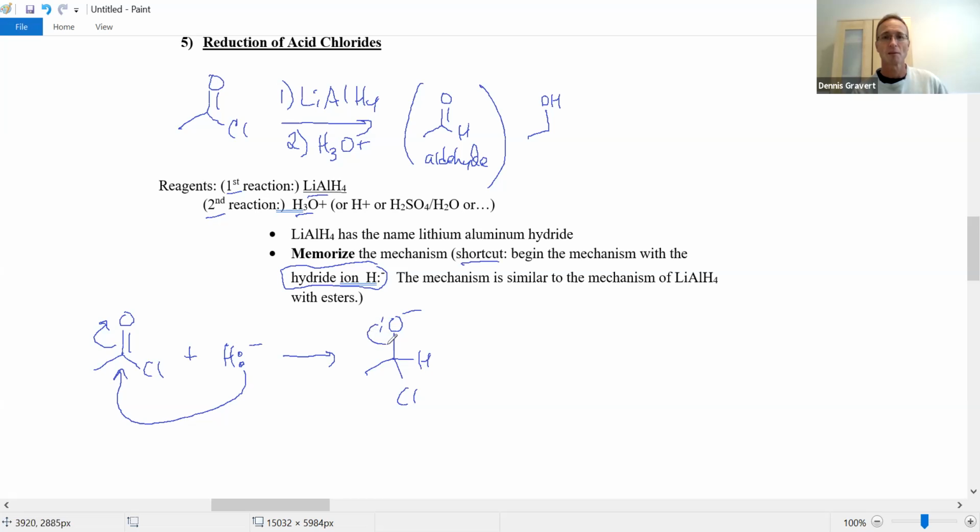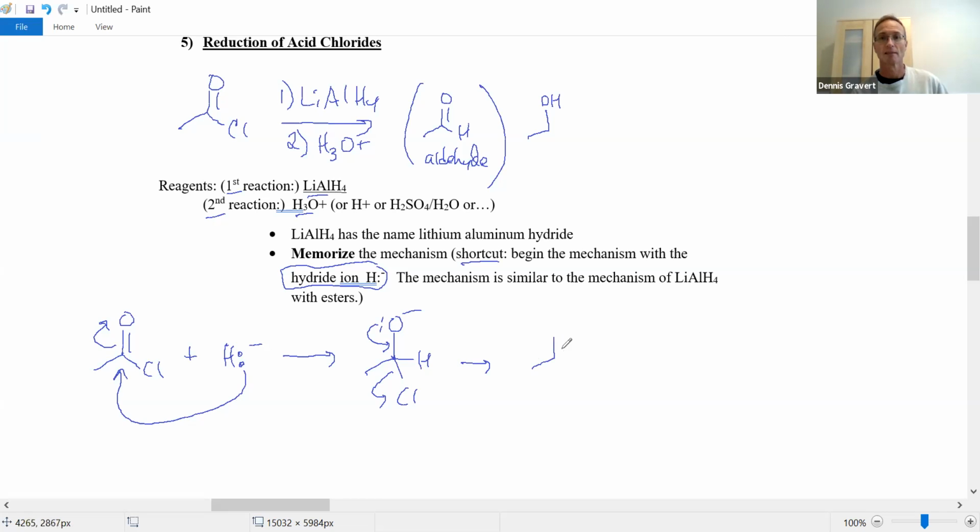So lone pair, come right back down, reform the pi bond. Are you going to kick out carbon? Are you going to kick out hydrogen? No to both, because to do so would create powerful bases. H says, no, let's make stable things. Chloride comes out. This one's not reversible, just because the chloride is going to come out before the hydrogen or the carbon.